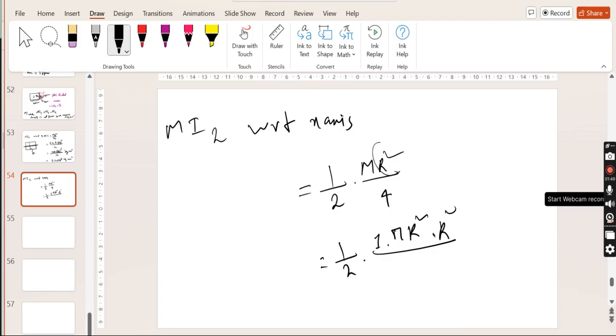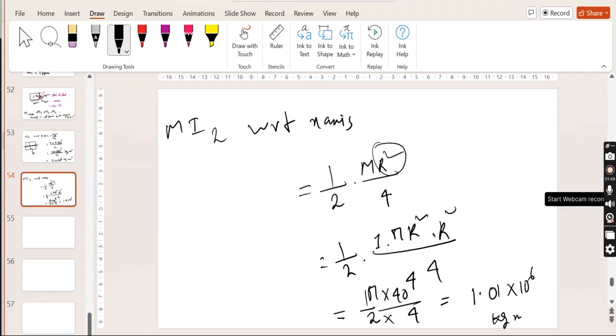So that will be half of pi into 40 to the power 4 by 4. So that is 1.01 into 10 to the power 6 kg millimeter square.